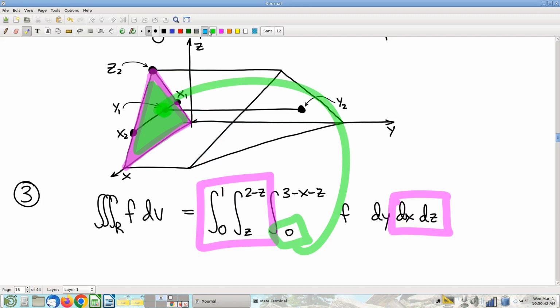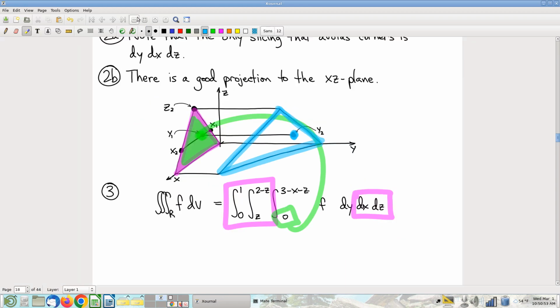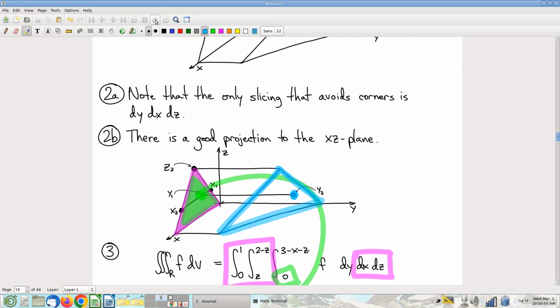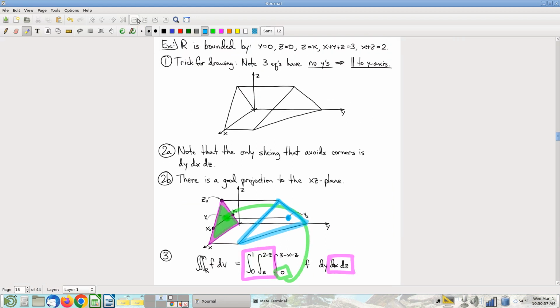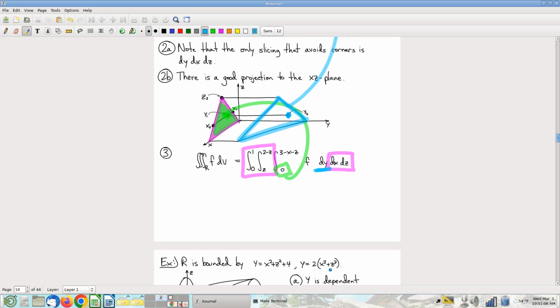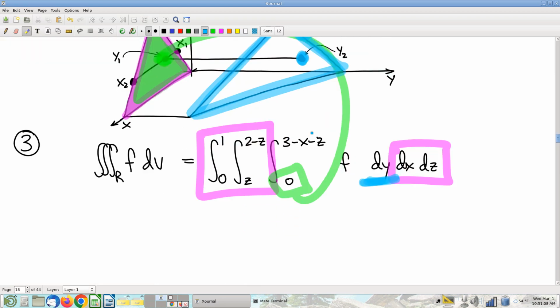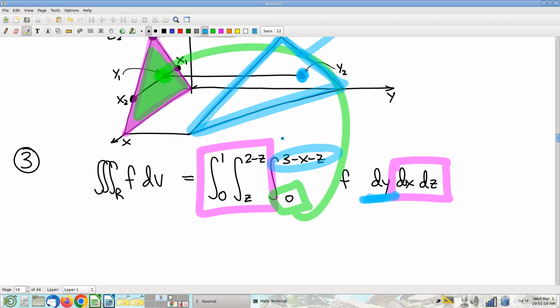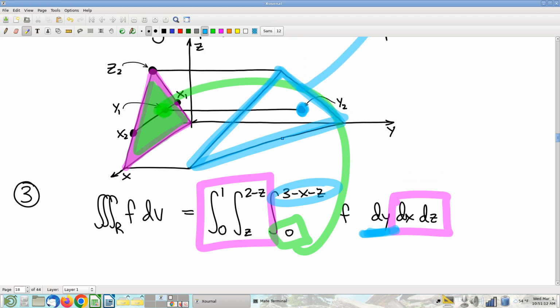And then the last value of y comes from this plane, because that last point is always on this plane, which has this equation in which I can solve for y, and I get that as my upper bound for y. So again, much easier from a projection point of view.